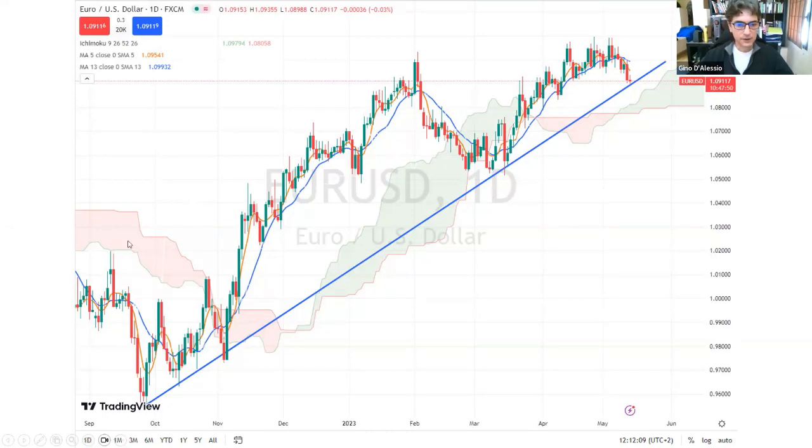But if you're using the cloud, perhaps you're not going to buy here because there was a crossover on the moving average, because it's still below the cloud. You can see that using more than one technical indicator together can help us establish a set of rules that may prove to be more profitable, with a higher win ratio, than if we just use one set of rules.